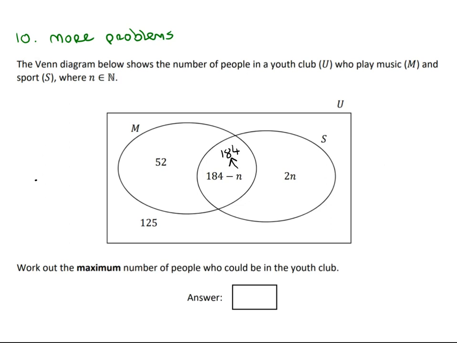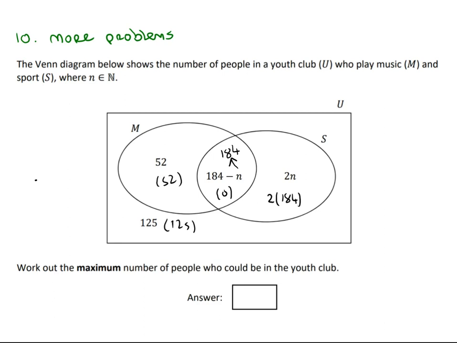You could apply a bit of trying different numbers here and see which ones get bigger, which ones get smaller if you want. If n is 184, then in the middle here it turns out to be 0. This is 52 still. This is still 125. And this will be 2 by 184.